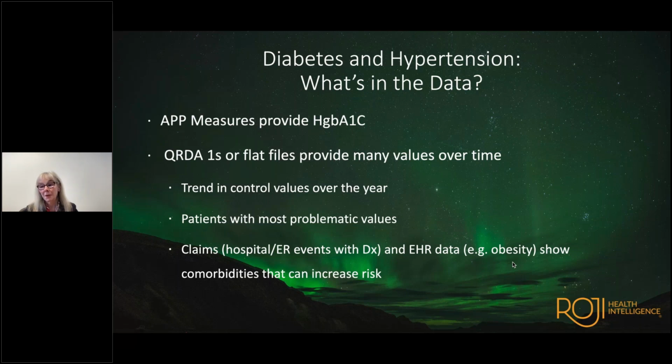You can see whether the patient is improving or whether the patient is worsening. You can see the patients with the most problematic values. And then in combination with your claims data and other potential EHR data, you can show comorbidities that can increase risk. So the point is you've identified a core population that you can act interventions on.